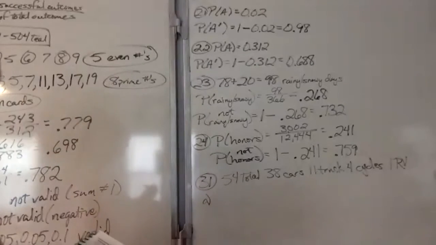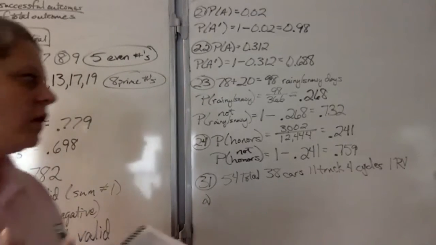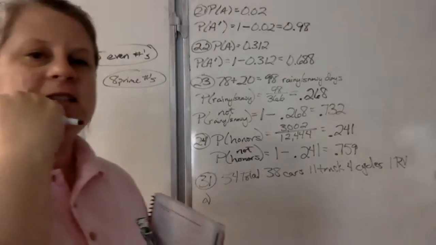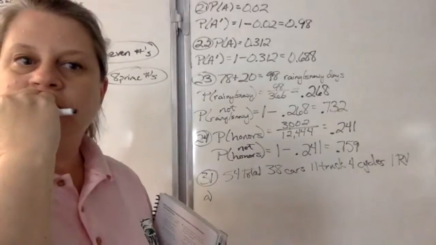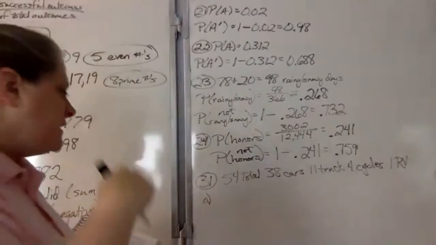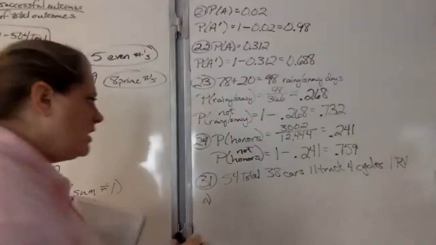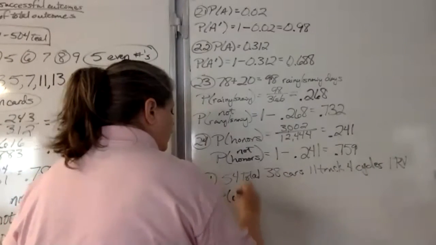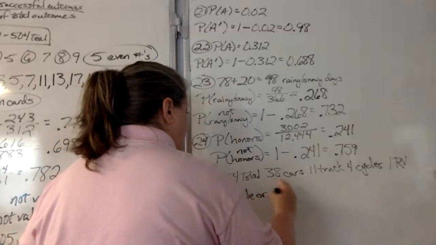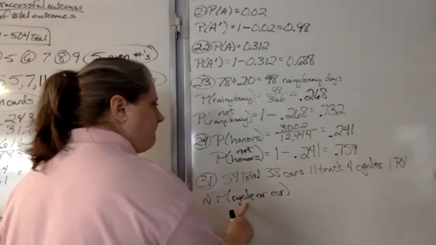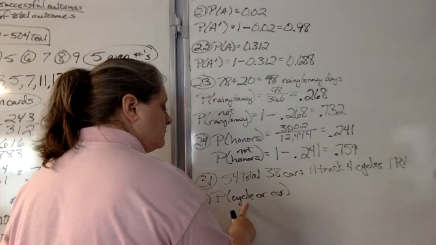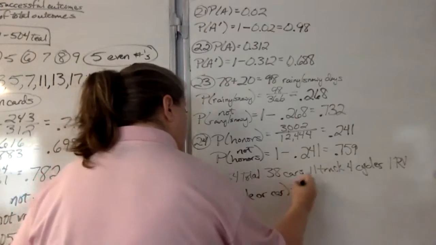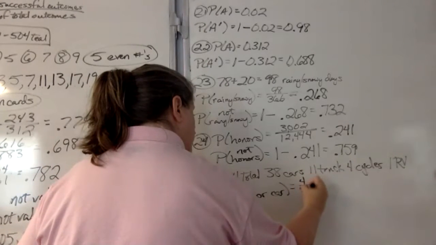it says she checks a motorcycle or a car. So can it be both a motorcycle and a car at the same time? No, two totally different things. She checks a motorcycle or she checks a car. So what's the probability of checking a cycle or a car? How many are motorcycles? 4. So 4 out of the 54 are motorcycles.